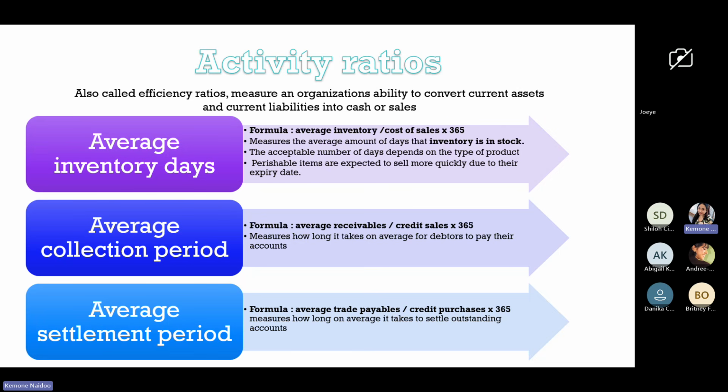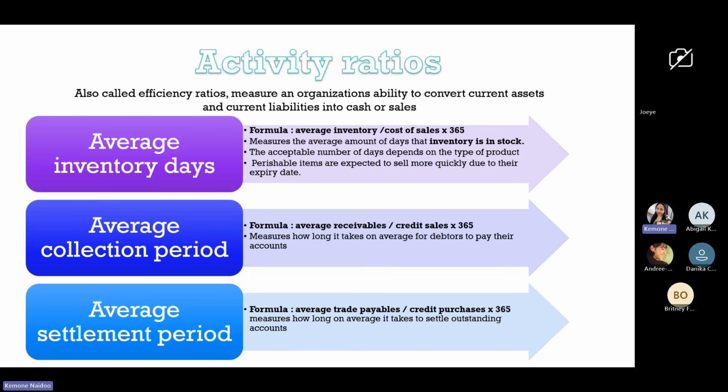This formula is used to measure the average amount of days that we have inventory in stock. Okay, so the acceptable number of days depends on the type of product, but it should sell as quick as possible. If you have too many days that you have inventory in stock, that's not good. Okay, so here we're looking at average inventory over the cost of sales, and you're timesing it by 365 to get the amount of days. So whatever your answer is, those are the amount of days that you have.